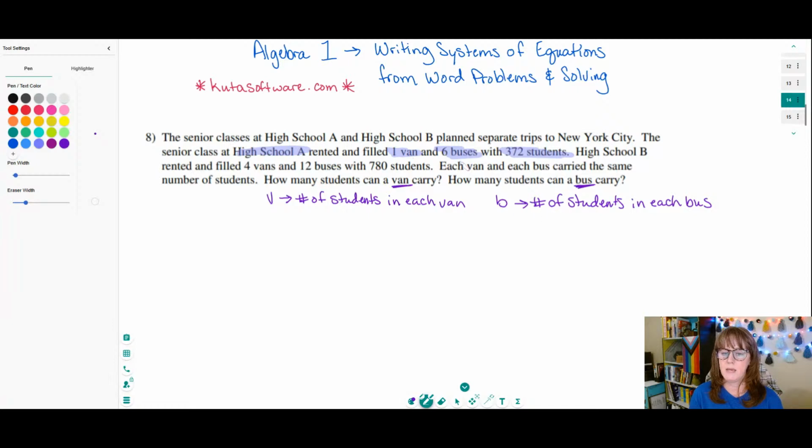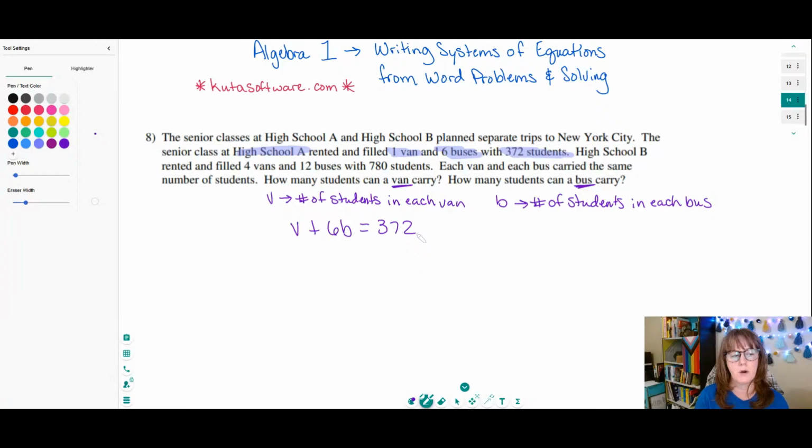And then B times 6, because B represents the number of students in each bus, that should give us the total number of students in each bus. When we put all of that together, it should give us our total number of students that went on the trip. So that means we have 1V plus 6B equals 372.